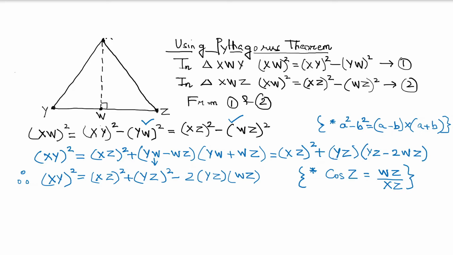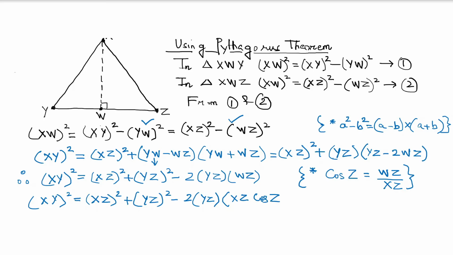Using this concept, eventually we can write down XY whole square is equal to XZ whole square plus YZ whole square minus 2YZ, and WZ from here, from the trigonometric ratio, we can write down that WZ is nothing but XZ cos Z.